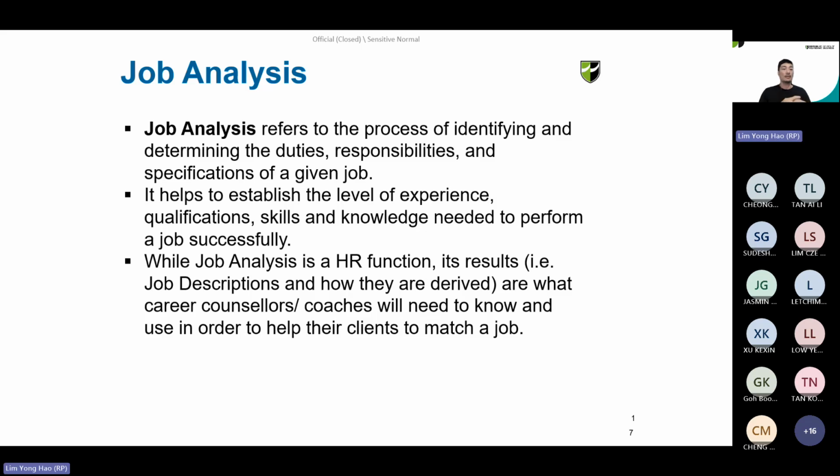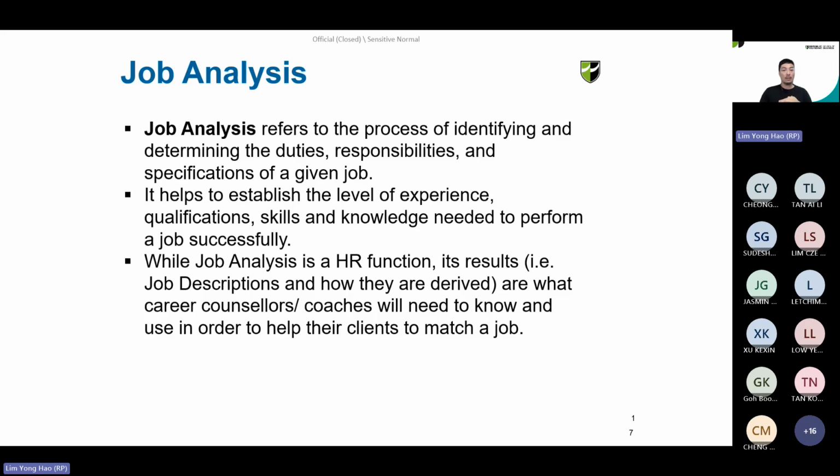Then how you determine what kind of people you need, and for these people, what skills they need, what knowledge they need, and any form of aptitude or disposition they will need to be able to perform the tasks, duties, and responsibilities.